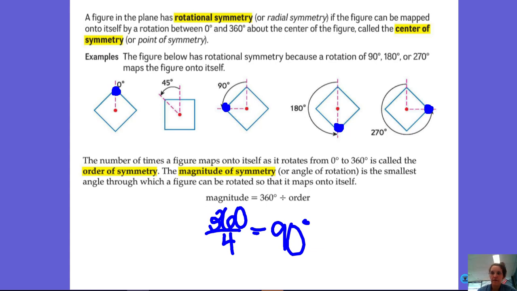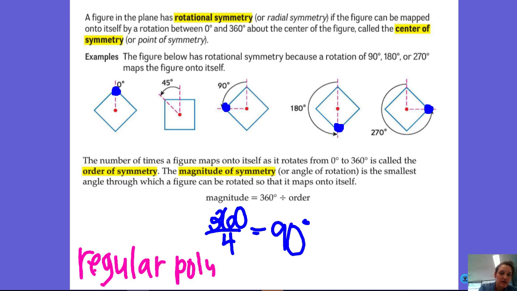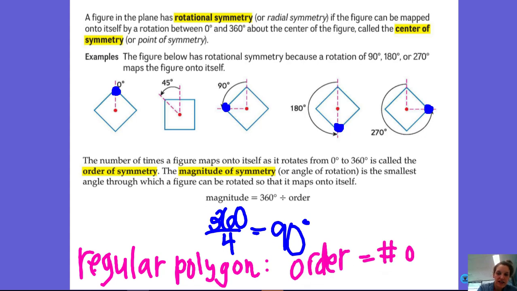So just like a regular polygon has the same number of lines of symmetry as it has sides, a regular polygon has rotational symmetry as well, and the order is always going to be equal to the number of sides. So a regular hexagon will have an order of 6.